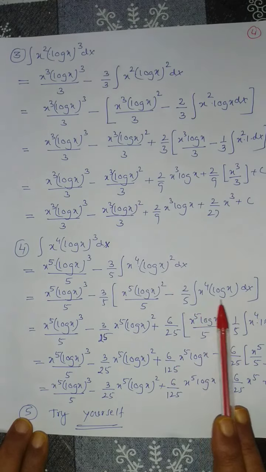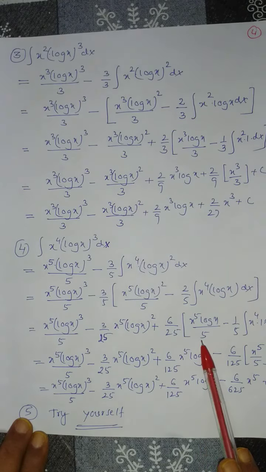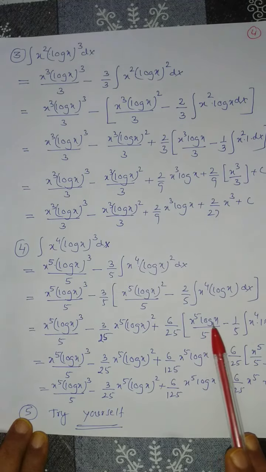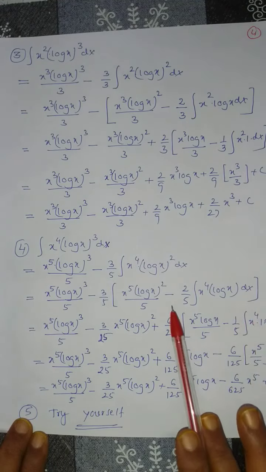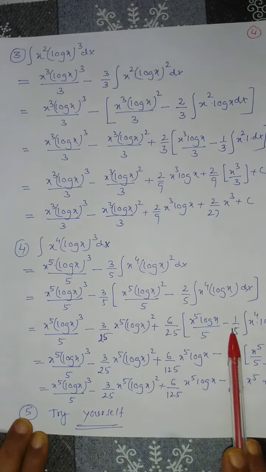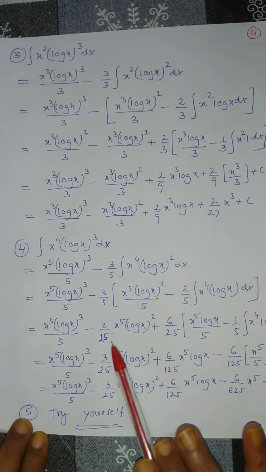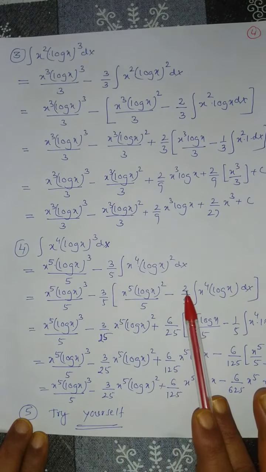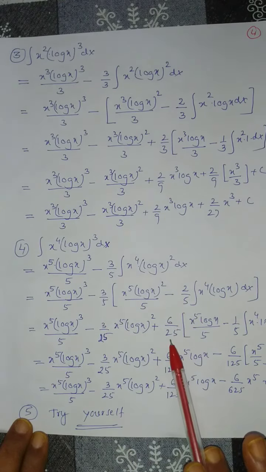Again apply the reduction formula: x raised to 5 upon 5 log x as it is, minus 1 by 5 x raised to 4, 1. The rest is simplification: 3 by 5 into 5 is 3 by 25, minus into minus plus, 3 into 2 is 6, 5 into 5 is 25.